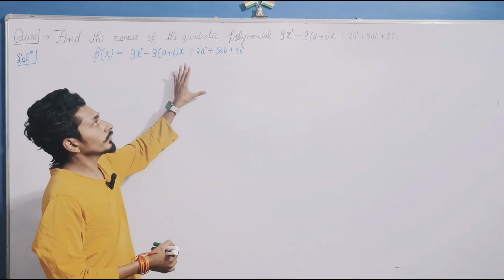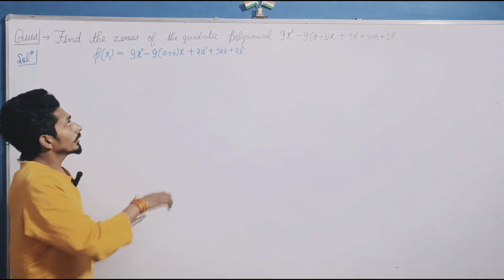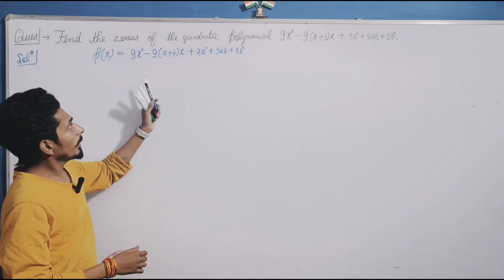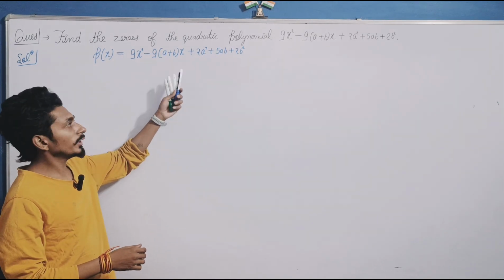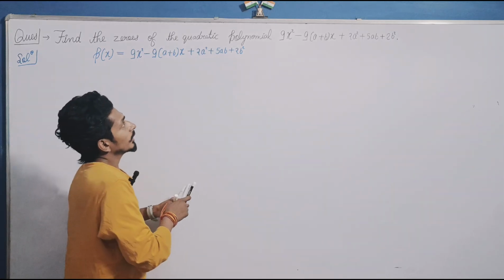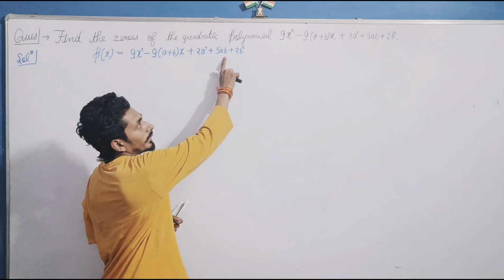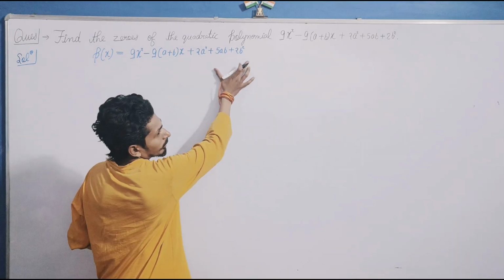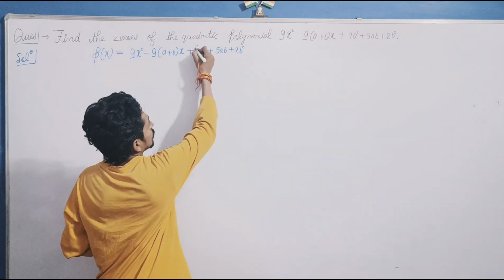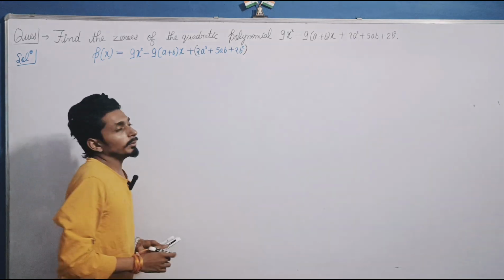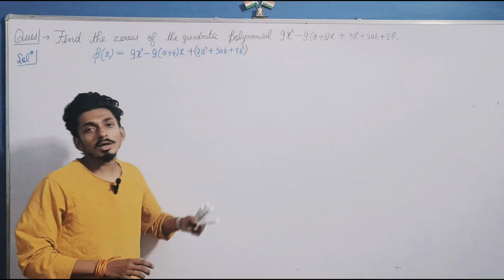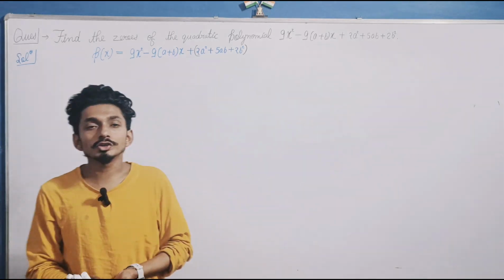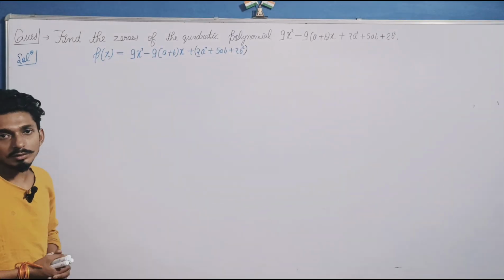Our polynomial contains three terms. 9x square is the first term, minus 9 into (a plus b) into x is the second term, and 2a square plus 5ab plus 2b square is our third term and constant term. Okay, our constant term can be written in a single bracket. Yes or no?